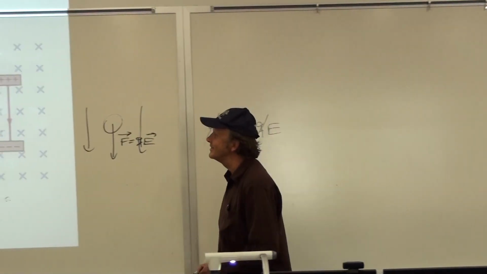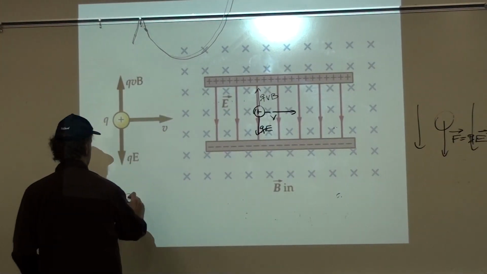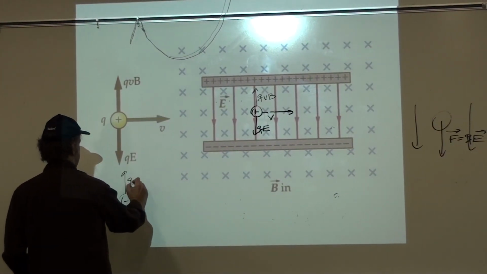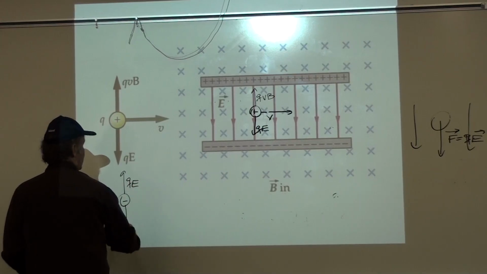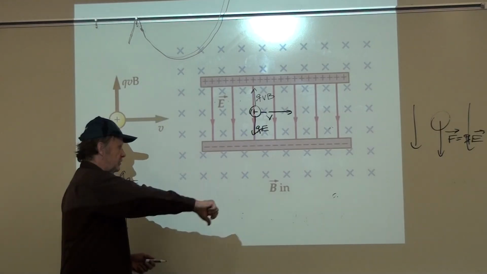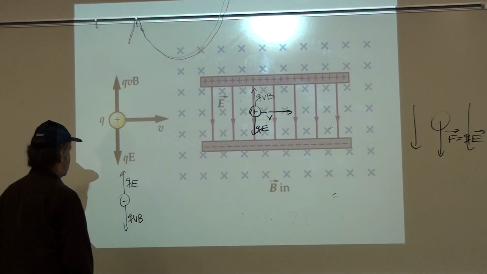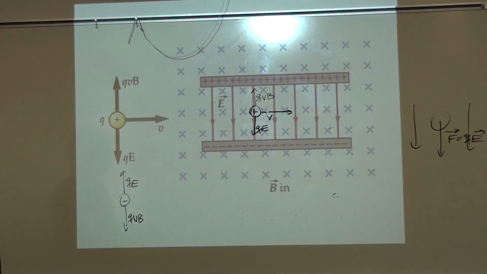If we're a negative charge, then the electric force would be up, and this would be QVB. That would be up for a positive charge, but down for a negative charge. So it could even be negative.